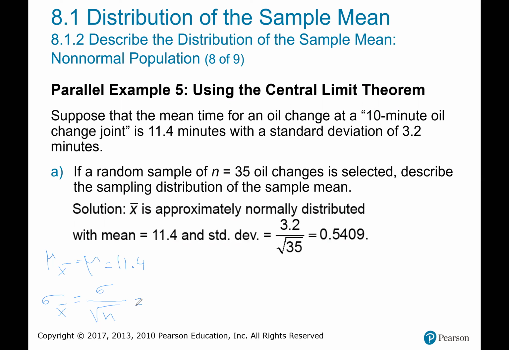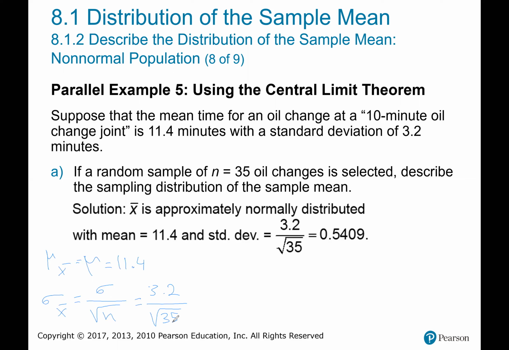So in this case, it is 3.2 divided by the square root of n, which is 35. So part A says, if a random sample of n equal 35 oil changes is selected, describe the sampling distribution of the sample mean.